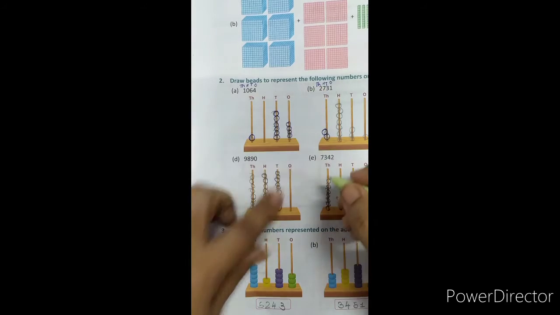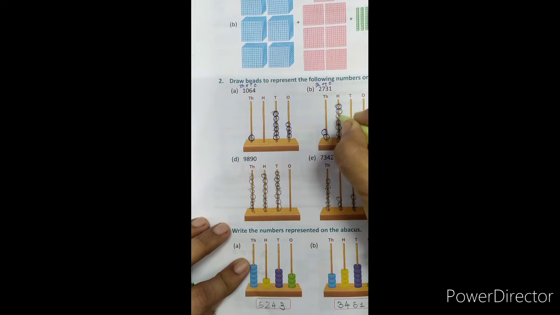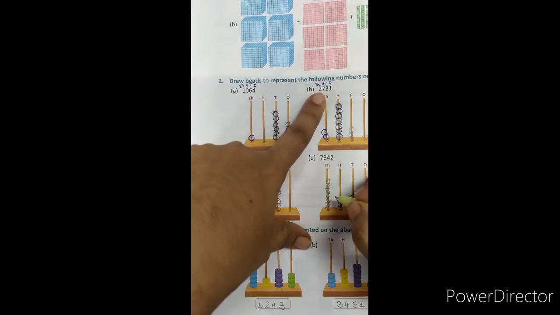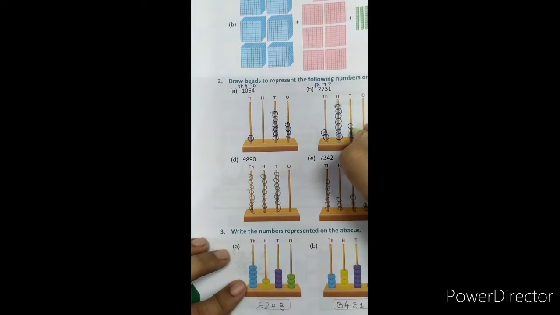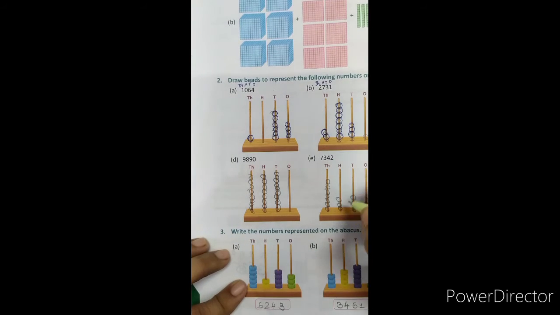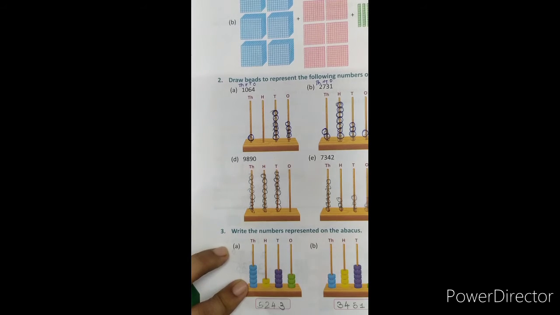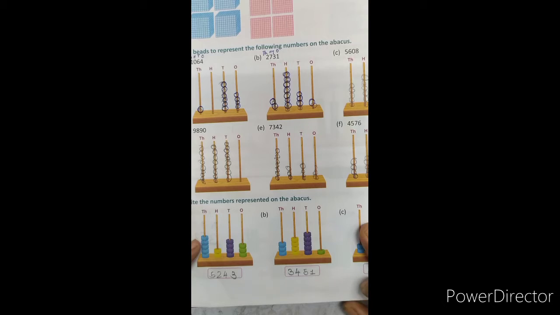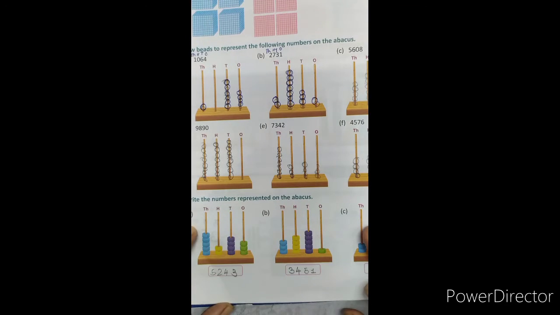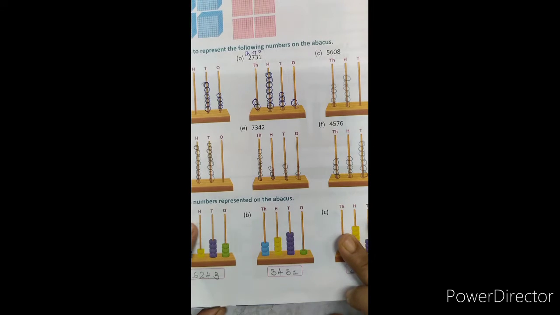You have 7 in the 100 position: 1, 2, 3, 4, 5, 6, 7. Then you have 3 in the tens position, and you have 1 in the ones position. You have been given so many numbers, and I suppose you can do it yourself.